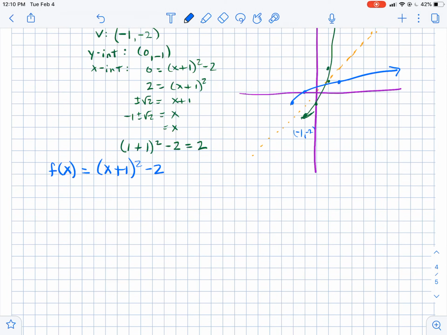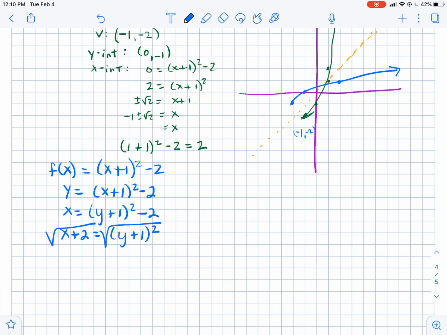So again, I'm going to change the f of x to y. I'm going to switch the x and the y. And then I'm going to solve for y. So I'm going to move the 2 over, and then I'm going to square root both sides.